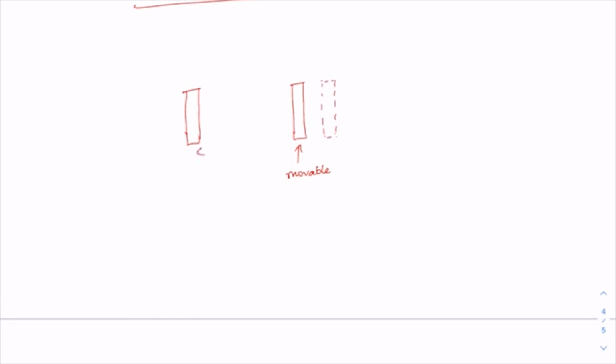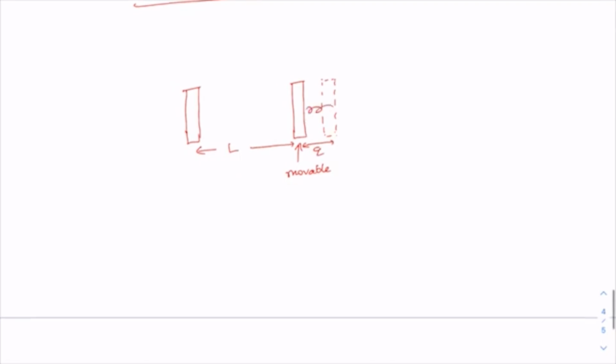When it is not displaced, the length of the cavity is L, and this displacement I denote by Q. Earlier we denoted it by X. And this cavity is driven by a laser with amplitude omega drive and laser frequency omega L.